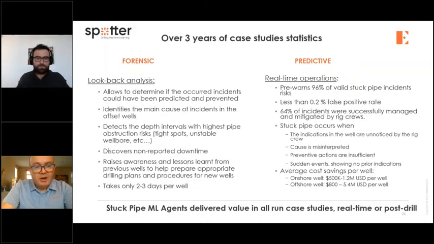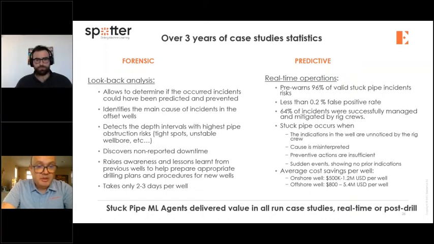Interestingly enough, when you do look-back analysis, you see a lot of non-reported downtime, something that was missed. It's really good to know, and it's not like 2 or 3 hours. We're talking dozens and sometimes hundreds of hours of non-reported downtime.